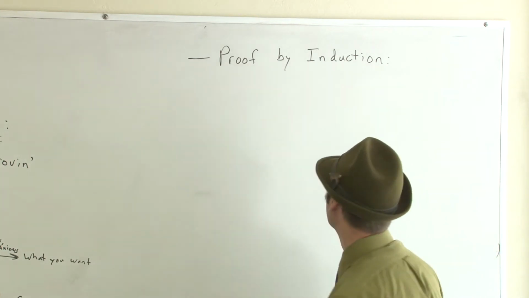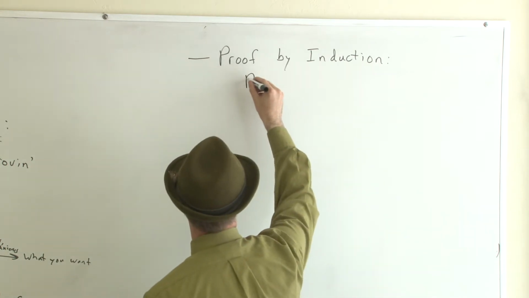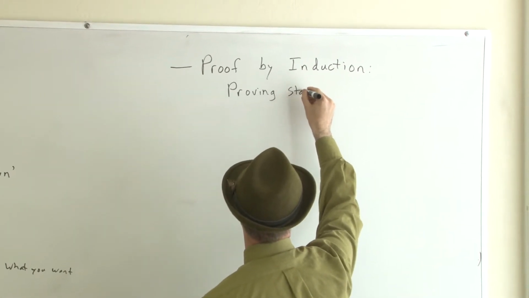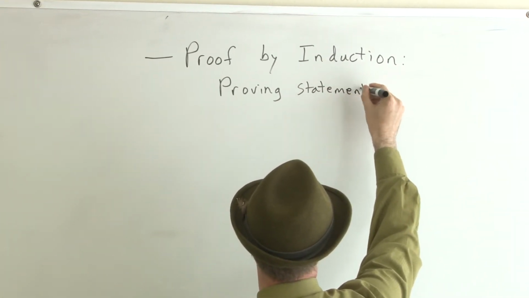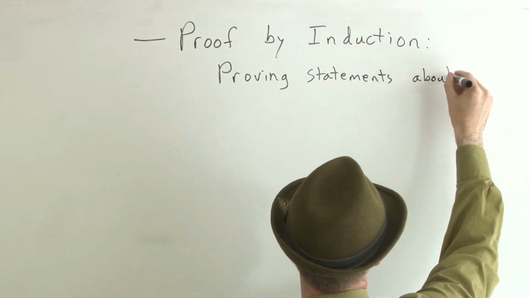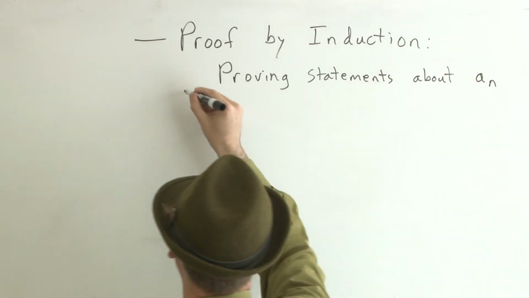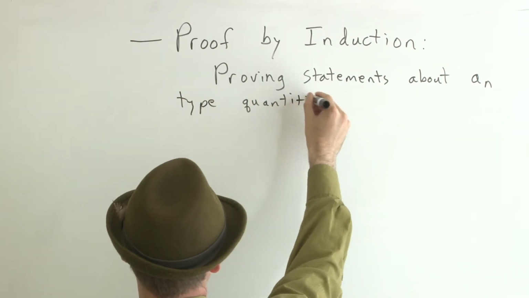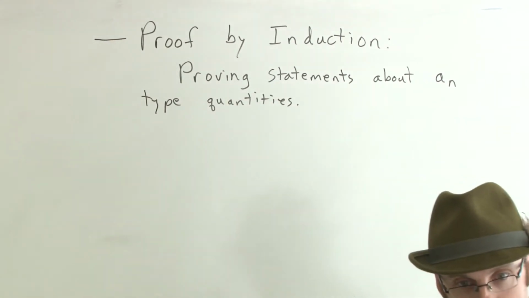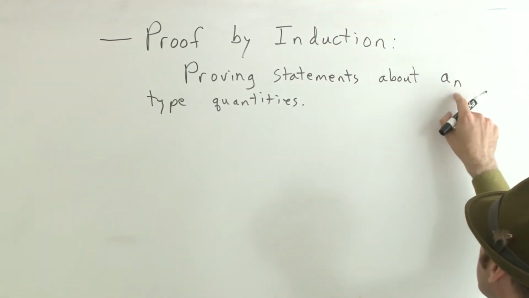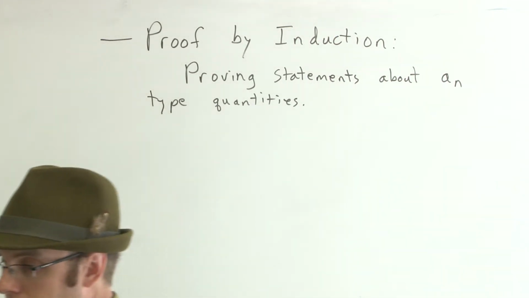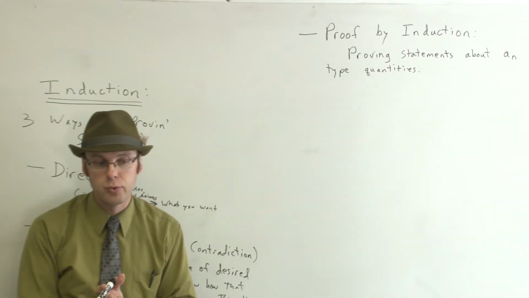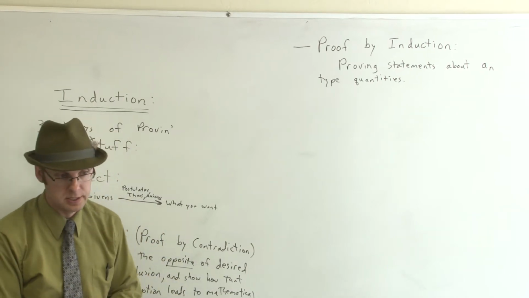What these are for is proving statements about a sub n type quantities. So stuff with indices in them, stuff with little subscripts, where you're proving something about the relationship between terms and indices.